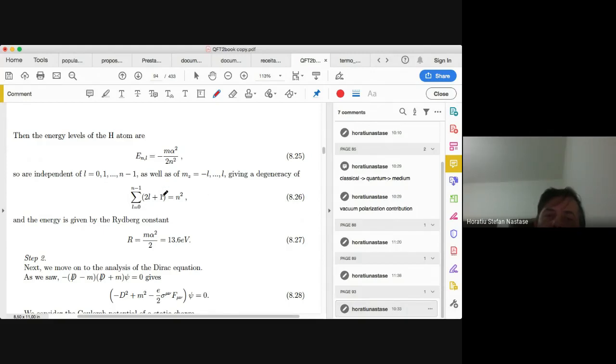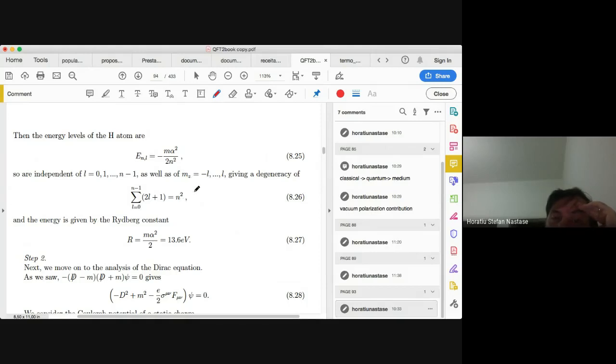And then the total degeneracy, excluding the spin, of the electron is therefore the sum from L equal to 0 to L equal to n minus 1 of 2L plus 1, the number of m's, which is n squared.